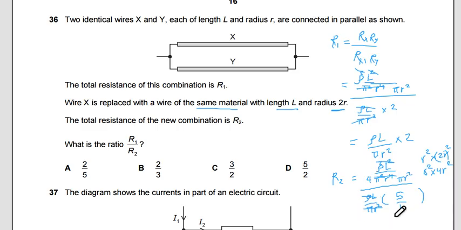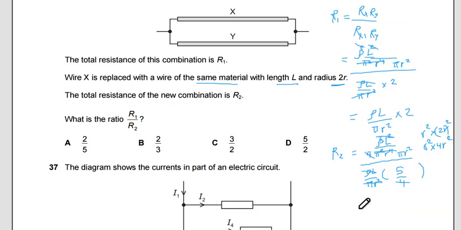Don't forget the 4. This 4 will go up in the denominator, so it will cancel this 4. And we are left with rho L over 5 pi R squared.